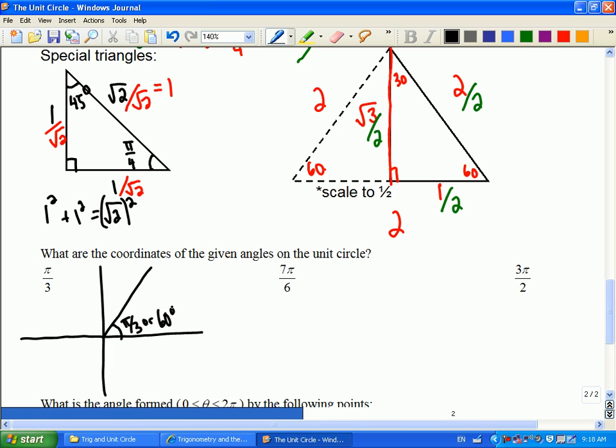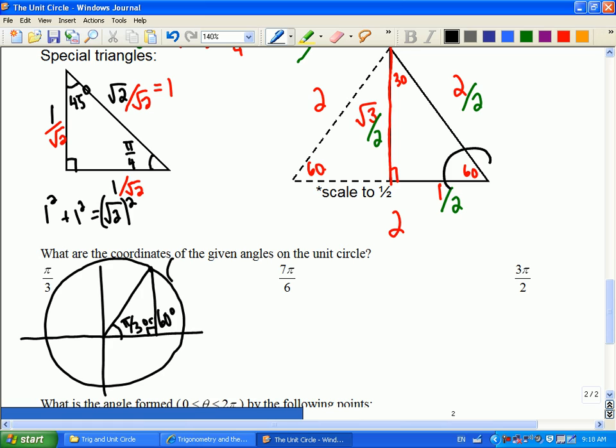What do you know about your x and y coordinate, even if you know nothing else? X and y will be positive, right? They're both positive in this quadrant. So if I'm on the unit circle now, what are the coordinates here? Now the way you do that is you say, oh, that triangle looks familiar.